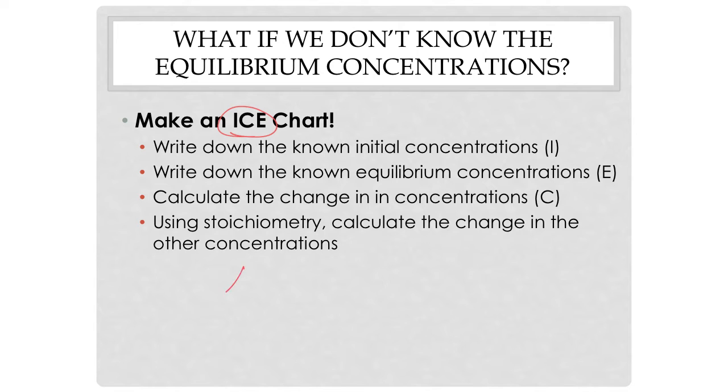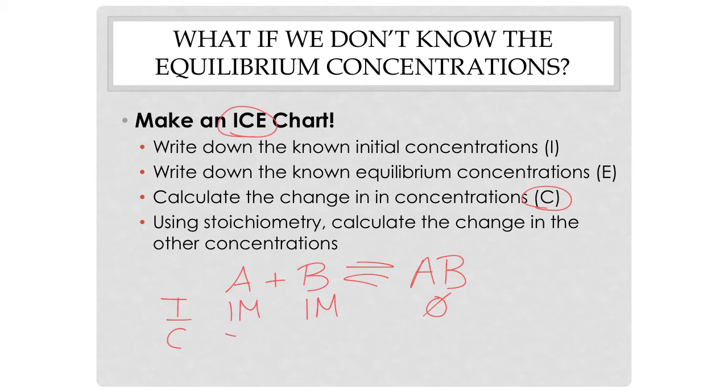So what we do there is if we had a reaction like A plus B is at equilibrium with, say, AB. Okay, so if I started with 1 molar solutions of A and B and no AB, that would be my initial concentrations. My C, the change, would be based upon stoichiometry. So I'd be losing a certain amount of B. If these are all coefficients of 1, then it would be just minus 1x, and I would be gaining AB.